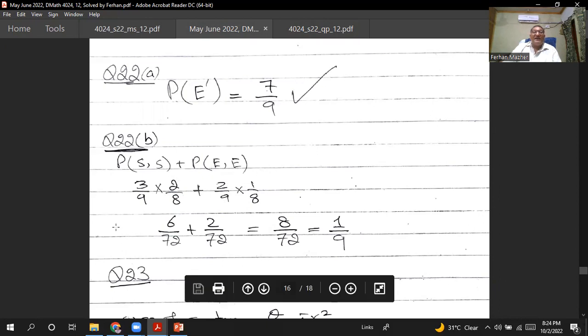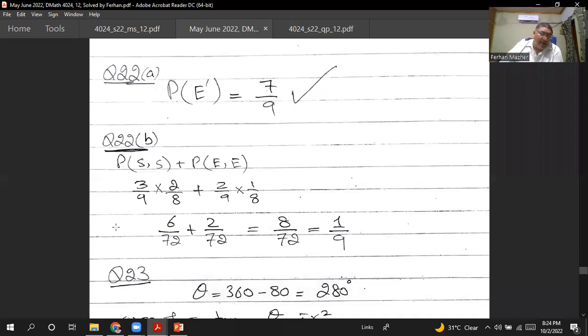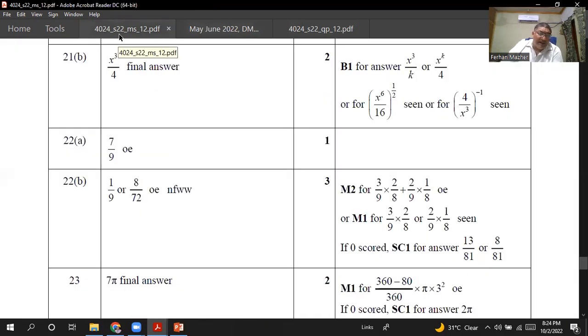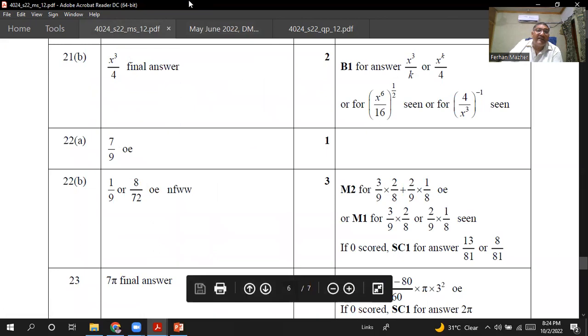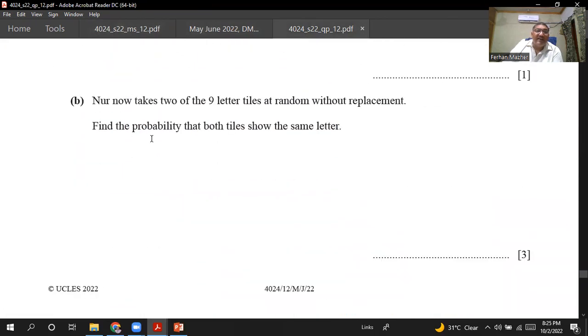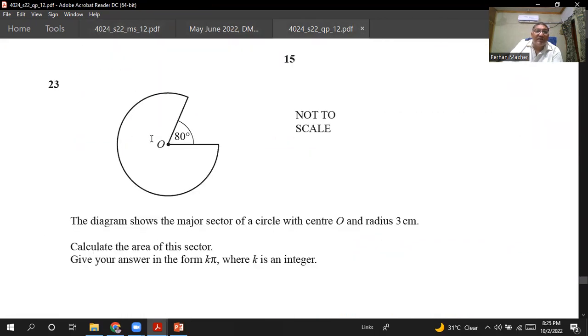So it will be 6 by 72 plus 2 by 72. That will be 8 by 72, and that will be 1 by 9. 1 by 9 is the right answer, so our answer is right. So that was a 3 marks question, a big question.